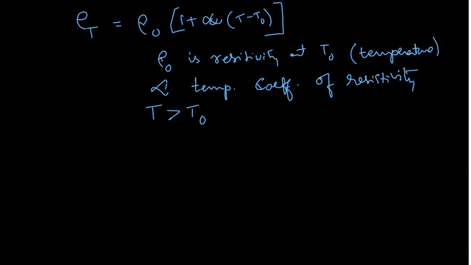For series resistors, the equivalent resistance R is equal to R1 plus R2 plus R3. In case of parallel, 1 by R parallel equals 1 by R1 plus 1 by R2 plus 1 by R3. Remember doing this in the 10th standard? The derivation is exactly the same, there is no change. But if you want the derivation, I will send it to you.